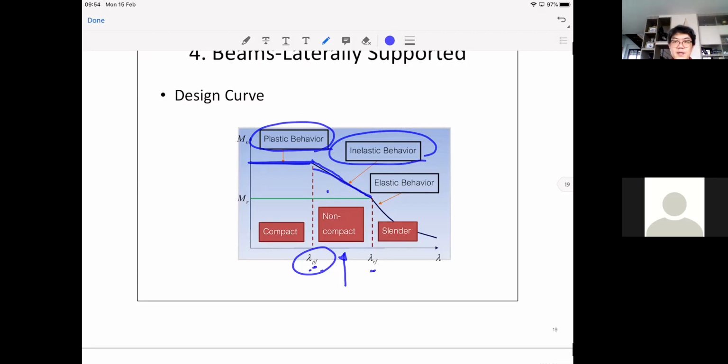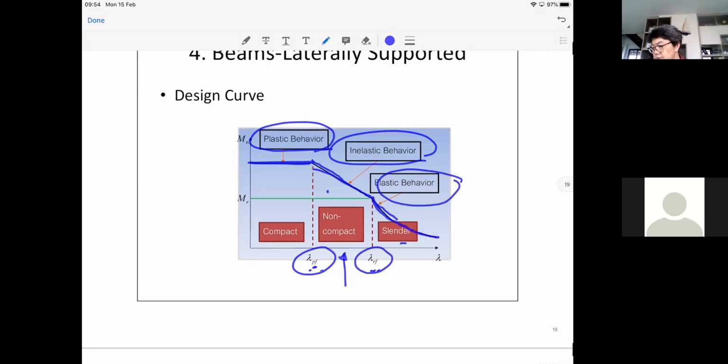And if either your flange or your web is slender, that means the slenderness ratio exceeds lambda r here, you will have the slender section, and the behavior of your beam becomes elastic behavior according to this line based on the plate behavior.